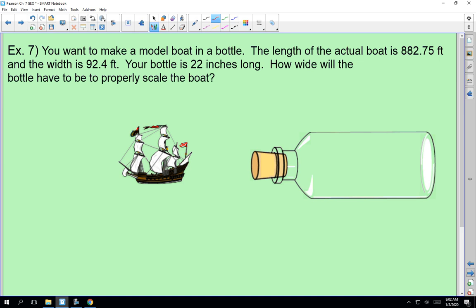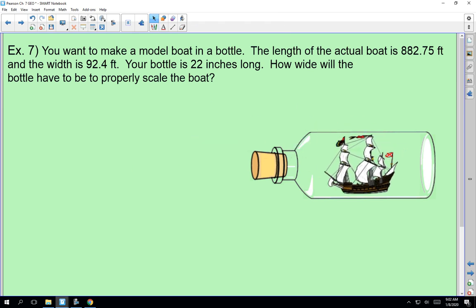So just for fun, I don't think this works, but anyways, you want to put it in there. Have a model here. So how wide will the bottle have to be to properly scale? Do you see 3 different values in here? Here's 1, here's 2, and here's 3. Well, let's box the actuals.